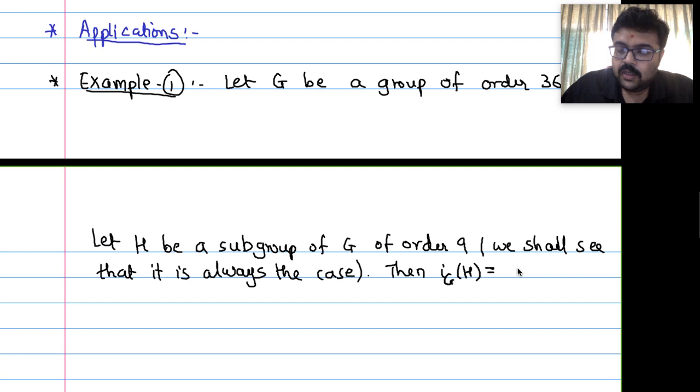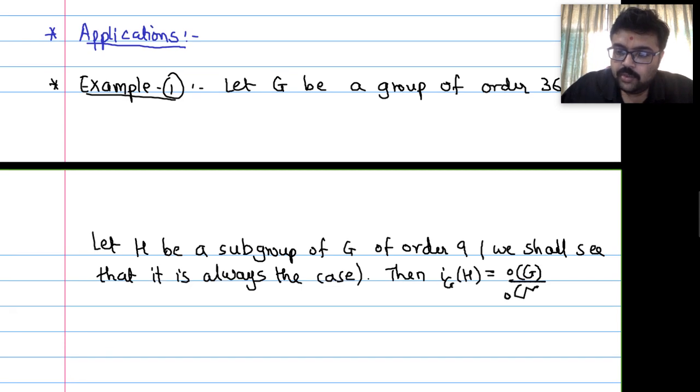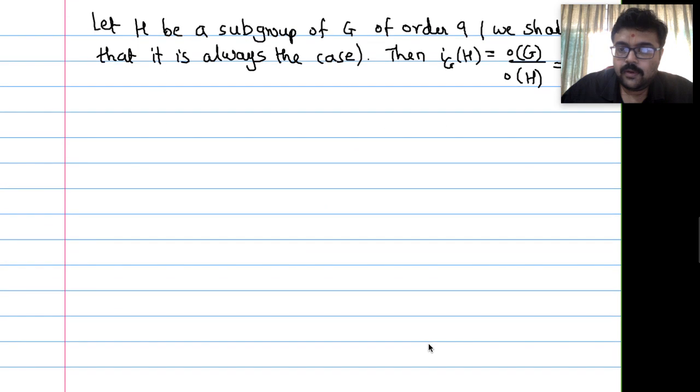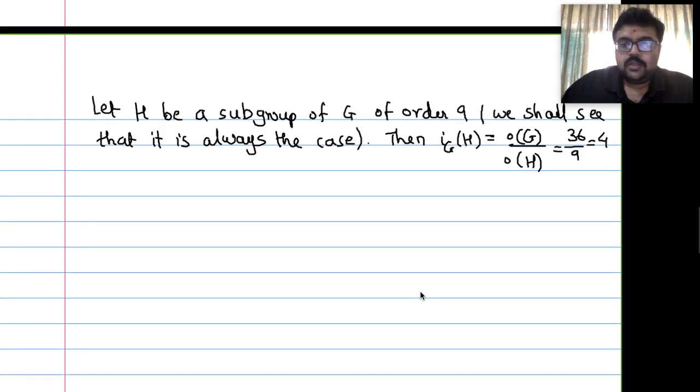If G is a finite group, the index of H is the order of G upon the order of H, which is 36 by 9, and so this is 4. Okay, so the index is 4.